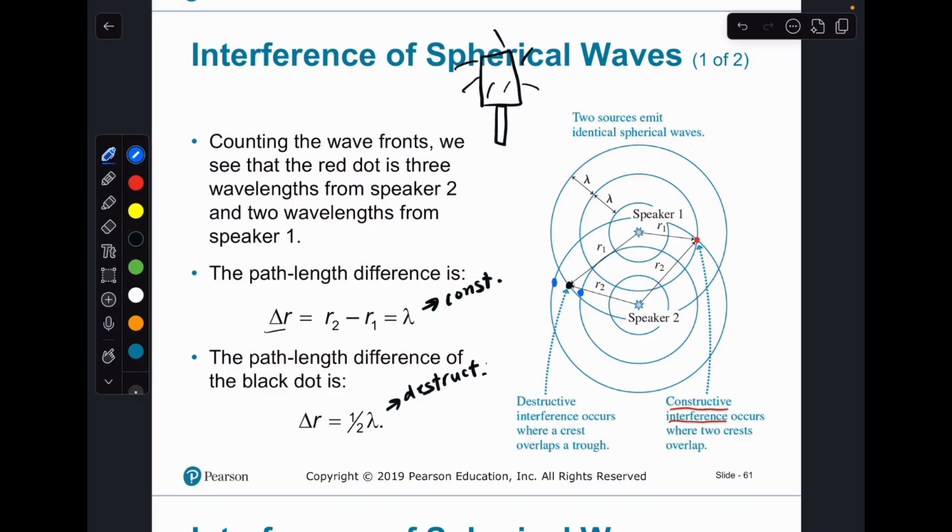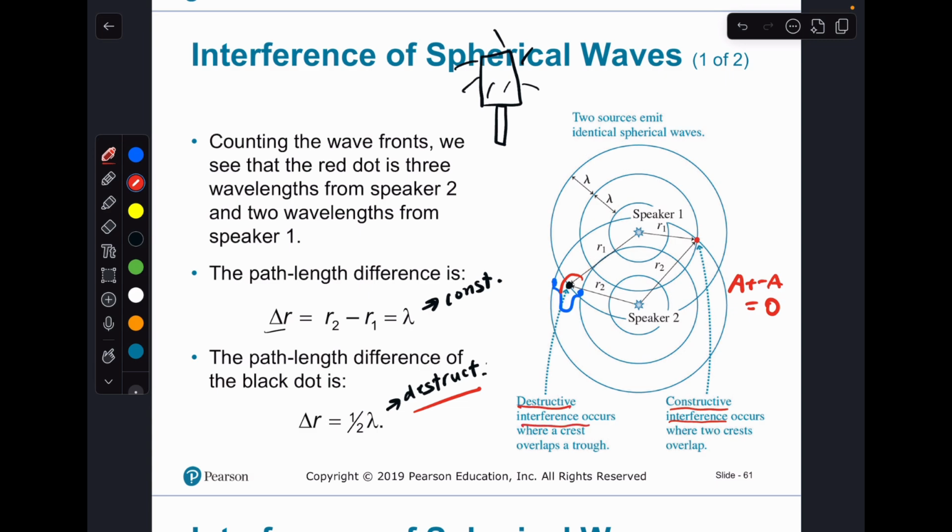A trough, right? A -1. So there's a trough here, and there's a peak here, right? This blue line represents a peak. And so you're adding a peak to a trough. So you're adding A plus -A. And what do you get? 0. So the black dot is going to be destructive interference.